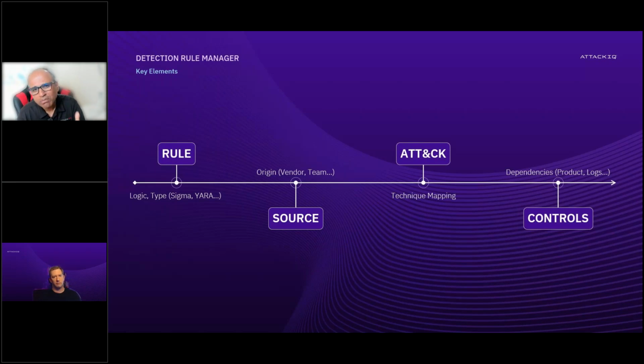Also, which claims these rules are making, what MITRE tactics and techniques they claim to cover, and also other dependencies like related product and logging sources. So you may wonder why go through all this hassle. It's because it's easier for the agents to talk APIs than talk spreadsheets.